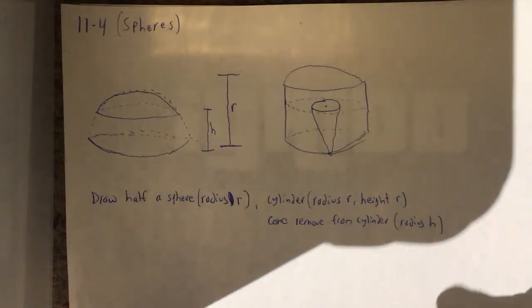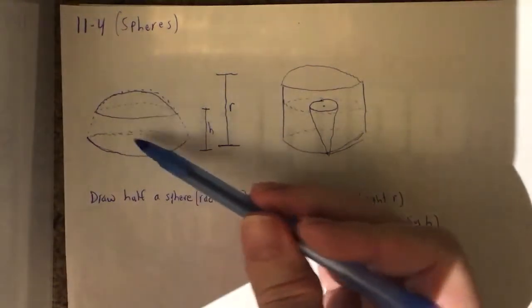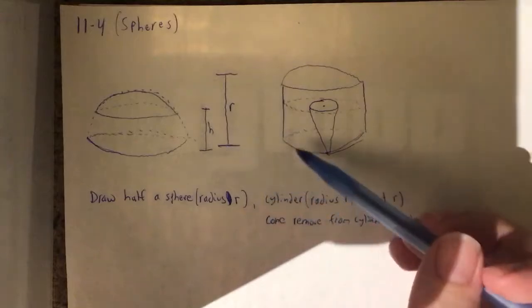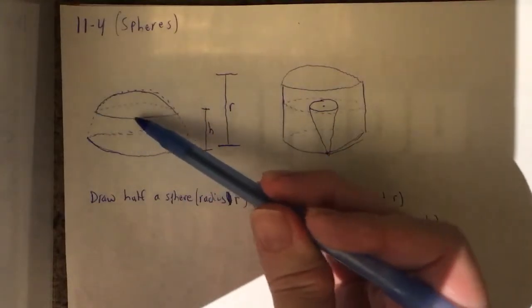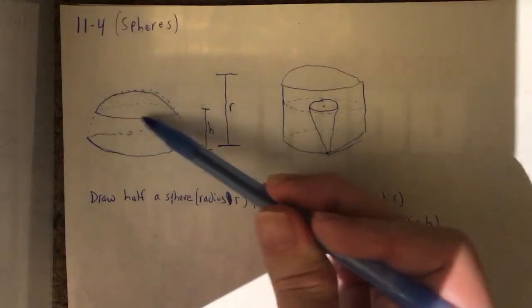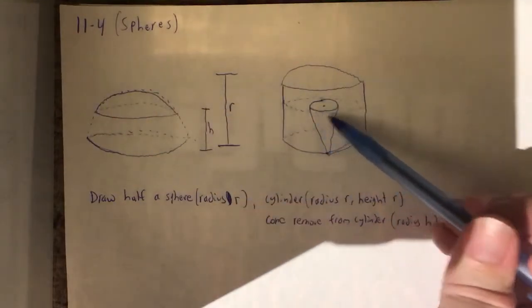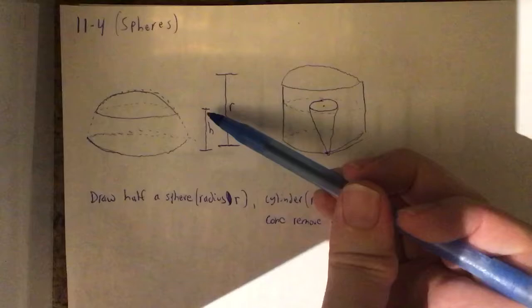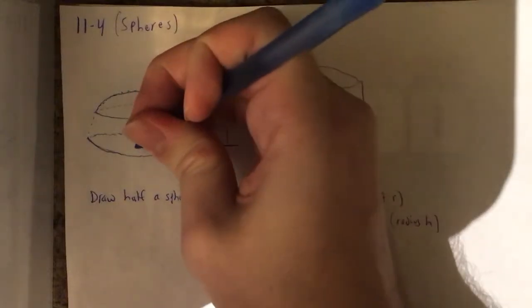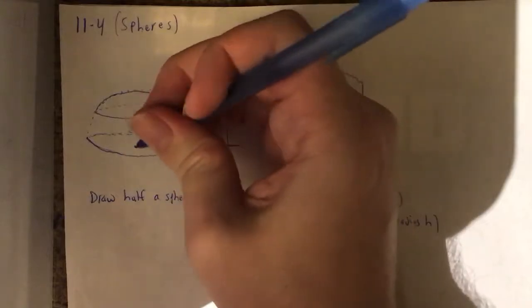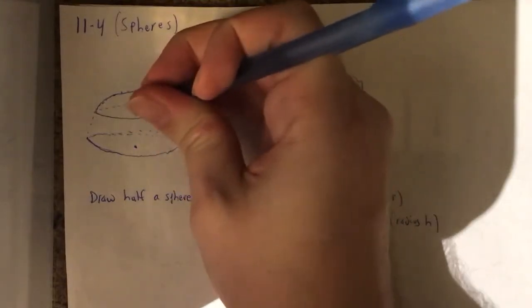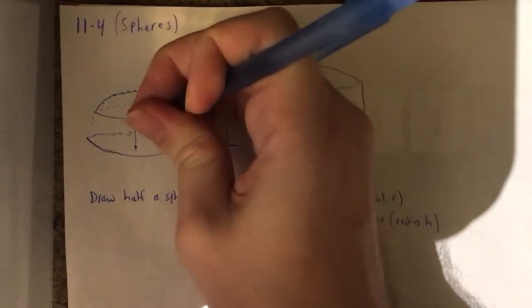Okay, so what I'm going to do is figure out a cross-sectional area for each of these two figures. I'm going to use this little cross-sectional area, this piece right here, and this piece. They're both going to have a height of h. If I start from the middle of the sphere and go straight up to this piece, this is going to have height h.